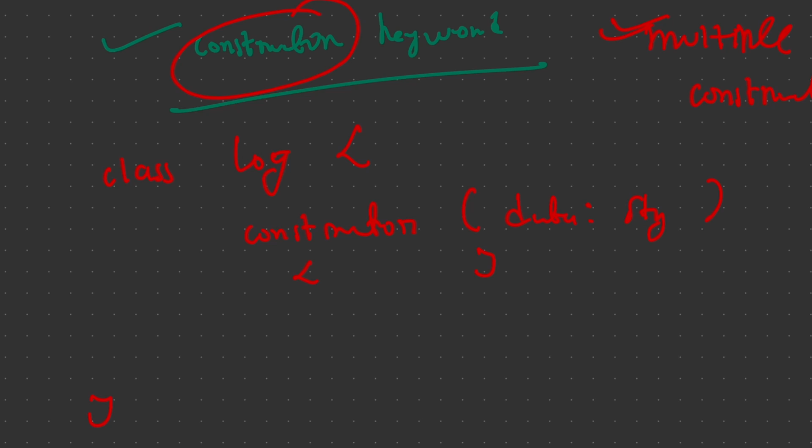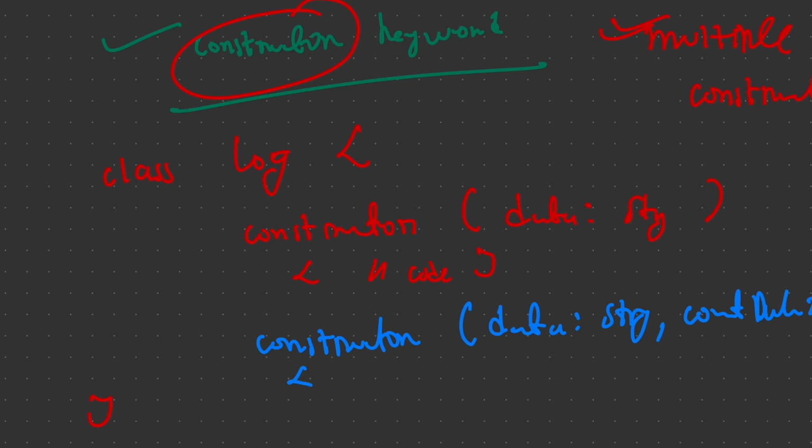And this is the body of the constructor, where you will write some code. And again you want another constructor, because maybe you want one variable of type String, and the other, let's say count of data, of type Int.